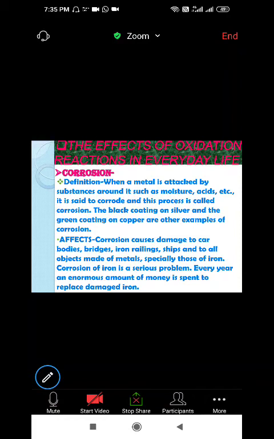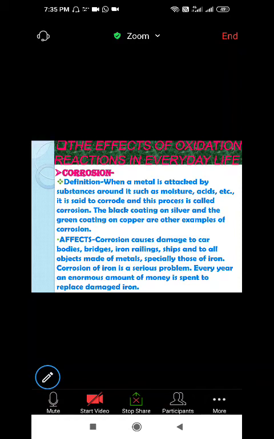It is going to get dull, and after some time you'll be able to see black patches over the surface of the silver, a spoon or a dish or a ring or something. So what is that? It is corrosion.